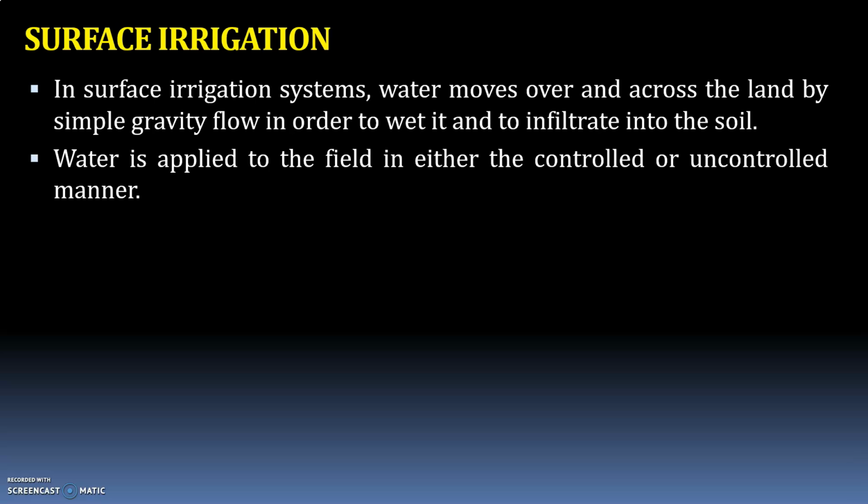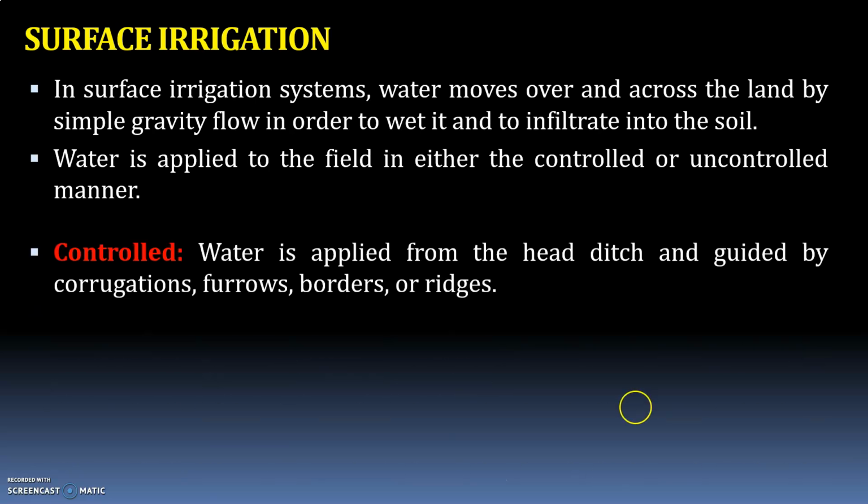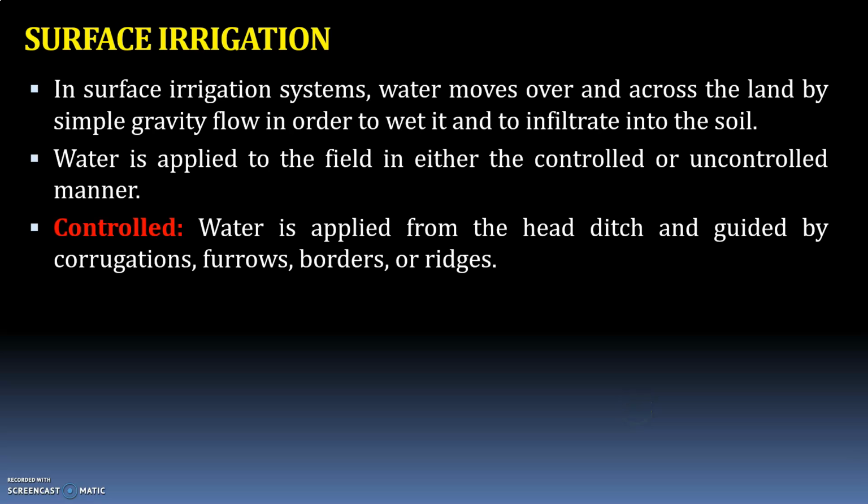Here the water is applied to the field in either a controlled or uncontrolled manner. There are two types of application of water to the field. The first one is controlled. Here the water is applied from the head ditch and guided by corrugations, furrows, borders or ridges. So there are some control devices used for the application of water to the crops or fields.